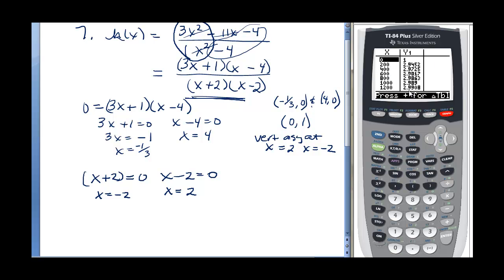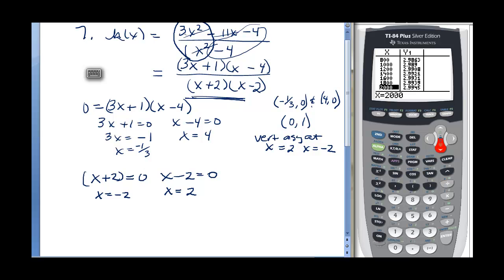I can see that my values are getting pretty close to 3. If I look back at the equation here, I can see that my numerator is 3 times as much as my denominator. And actually that is how we determine the horizontal asymptote.